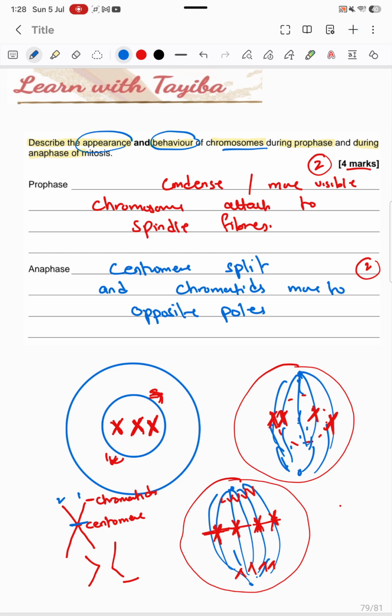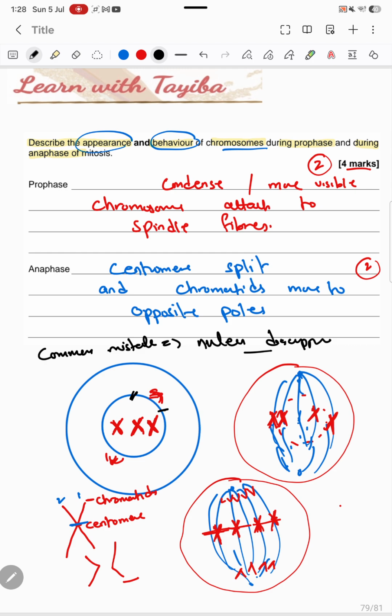So the common mistake about this question in the exams is that students start writing about the nuclear membrane, that the nuclear membrane disappears. They start writing everything about the prophase.